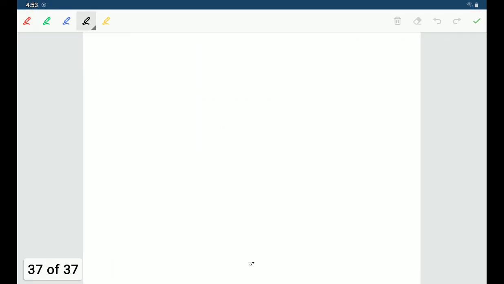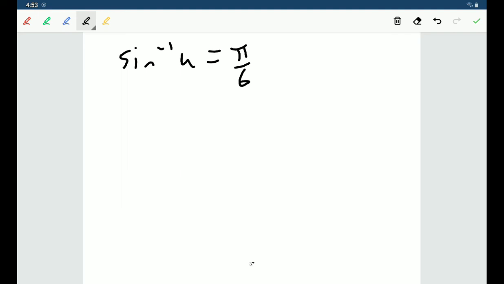So we have sine inverse of u equals pi over 6. And to rewrite that as a trig equation, we'll use sine, and we'll switch the inputs and the outputs. Pi over 6 is the input, and u is the output.